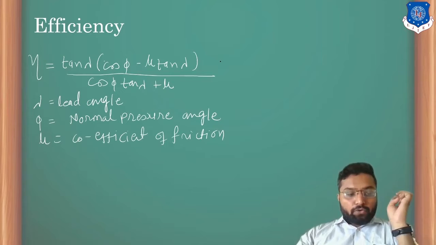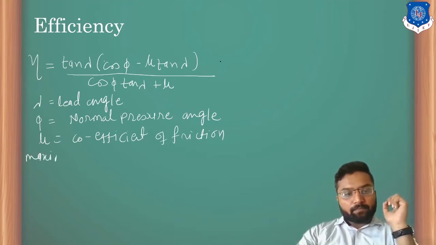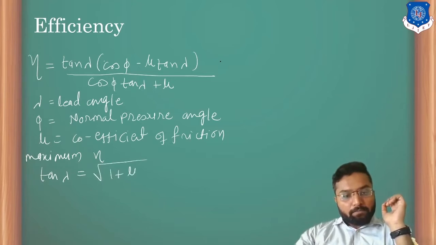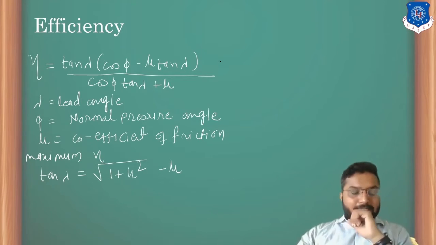Second thing, the condition for maximum efficiency is tan lambda equals under root of 1 plus mu square, minus mu. That is the condition to find maximum efficiency.